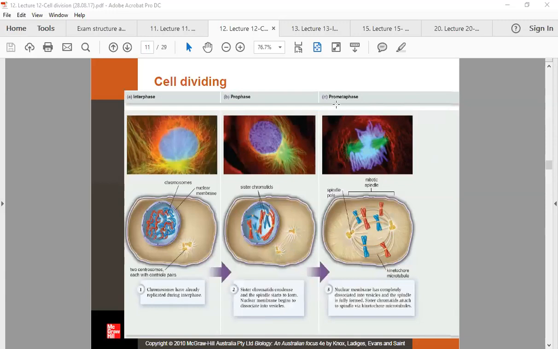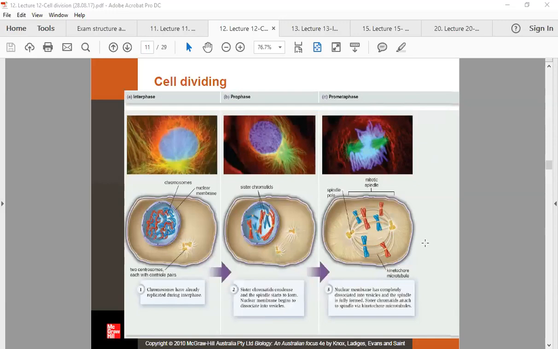Let's move on to prometaphase, second part of mitosis. What are the important events that occur here? Something's broken down completely in prometaphase. That's right.